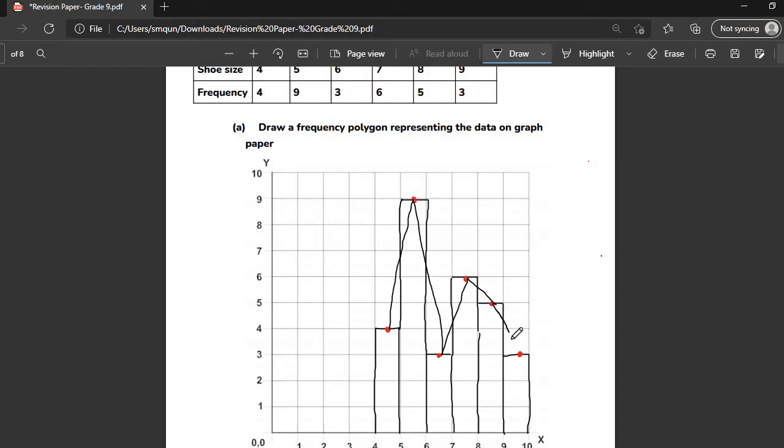I'm drawing it freehand, so it's not going to be as neat. Once you're finished with that, that's basically it for your frequency polygon. So you draw a histogram, find the midpoints, and connect the midpoints using a line.